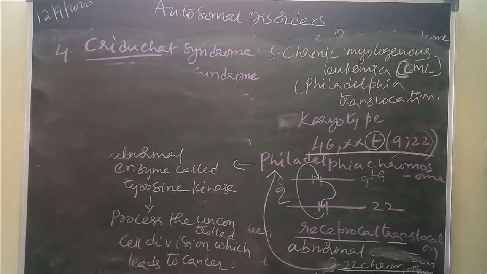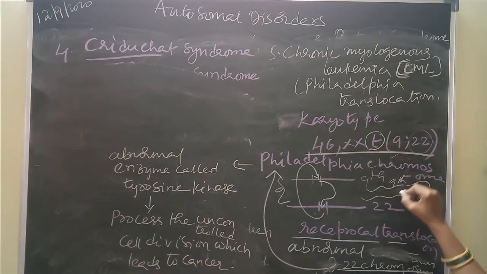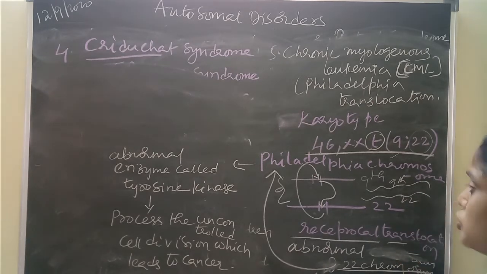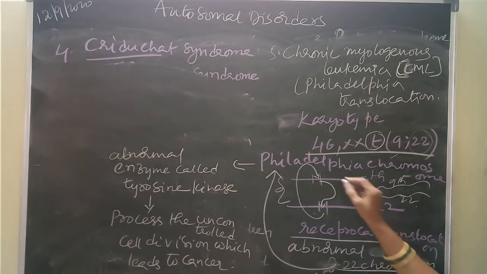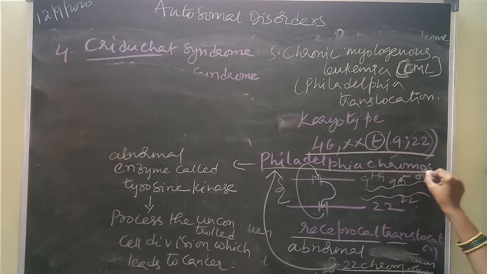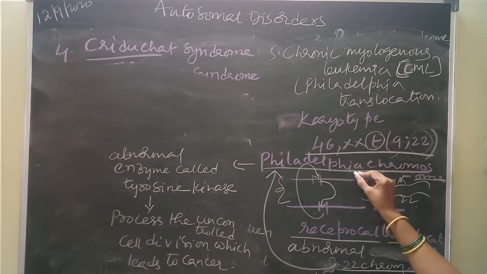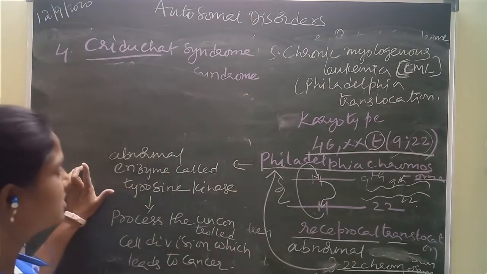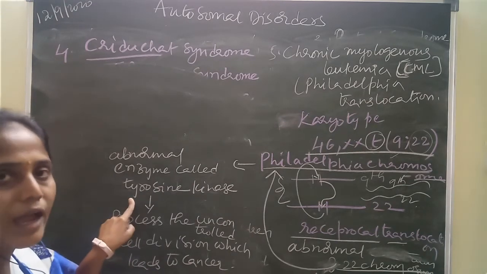Due to reciprocal translocation, the abnormal 9th chromosome and abnormal 22nd chromosome are produced. The abnormal short arm of the 22nd chromosome is helpful in the production of the Philadelphia chromosome, and this Philadelphia chromosome secretes an abnormal enzyme called tyrosine kinase.